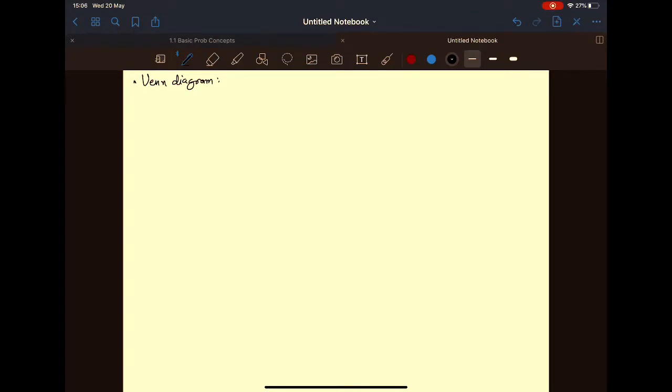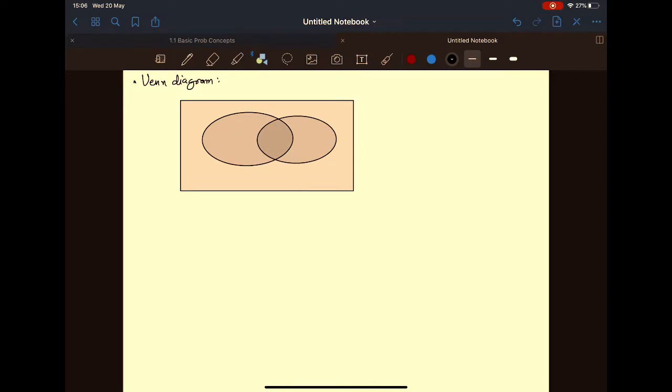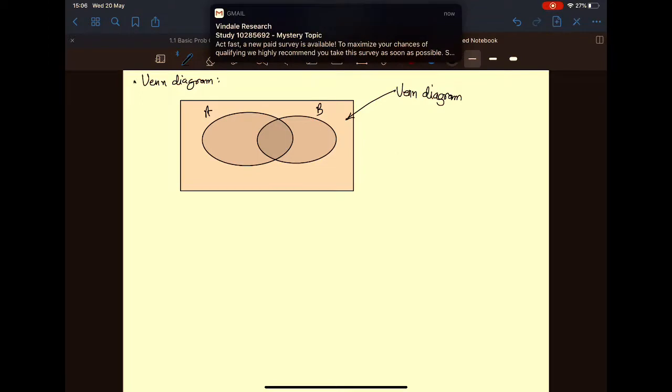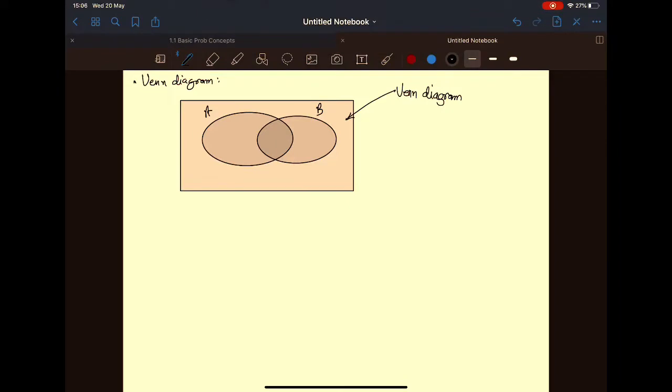So we can see diagrams of this form, with two sets in there, A and B, showing us the relationship between the two sets. This here is what we call a Venn diagram. It could be three sets or more. This is just a diagram to show the relationship between the sets.